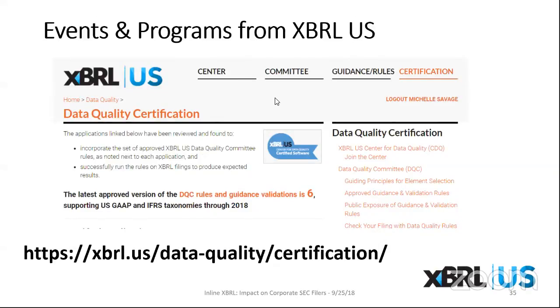If you go to this web address, you want to look for applications that have been certified for the latest set of rules, which is rule set 6. And those are the ones that are approved to work with the rules, to successfully run the rules. So these are important rules to take a look at, and they can really help you improve the quality of your filings.